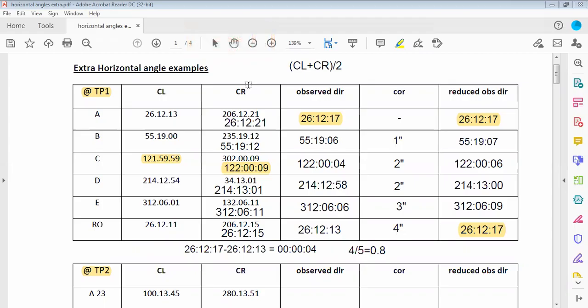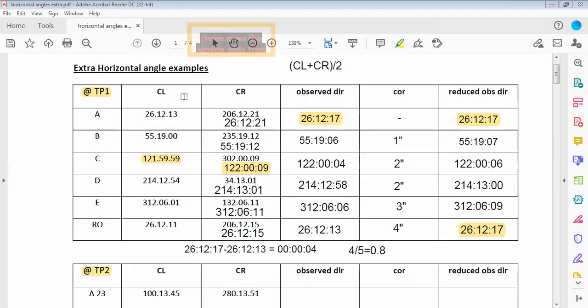Then we either add or subtract 180, right? But to determine whether to add or subtract, you have to look at CL. If CL is less than CR, then you subtract 180. But if CL is more than CR, you add 180. Does that make sense?